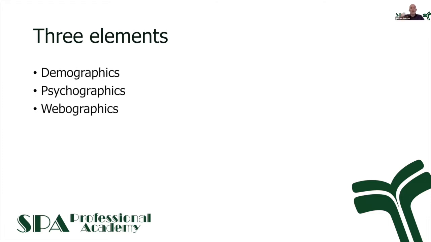Right. And then a probably made up word, I guess you could say all words are made up, but a kind of marketing speak made up word of the Webographics. Now, this is a really important part. If we're trying to optimize our digital marketing, we've got to understand Webographics. So what do we mean by Webographics? What are we looking at in this situation?